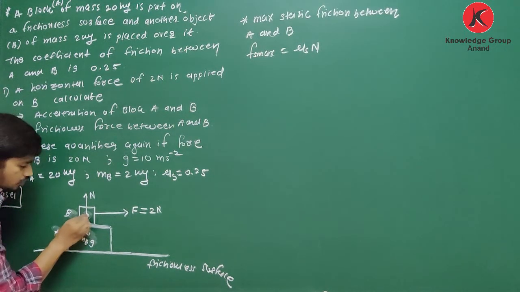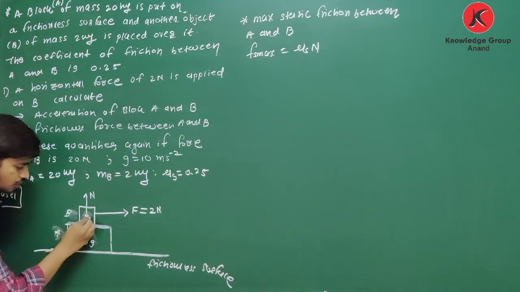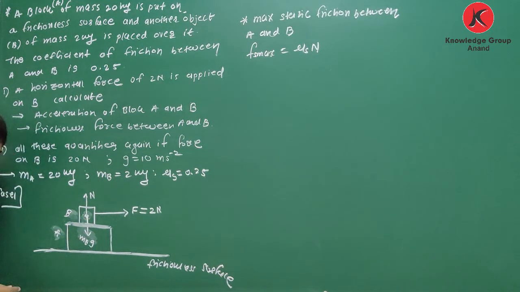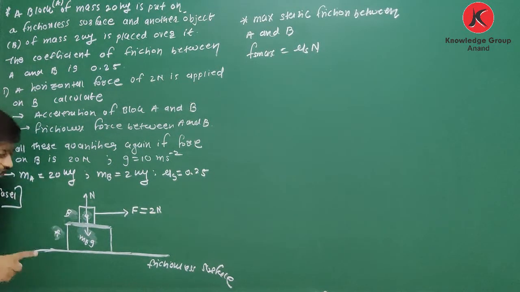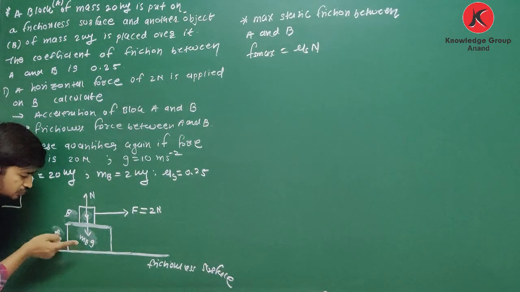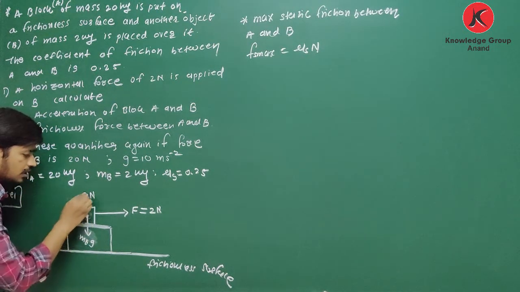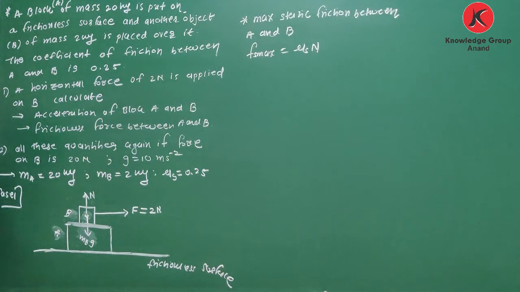What is the weight of block B? It is MBG in the downward direction. So N is the normal reaction, the reaction due to A on B, in the upward direction. Any doubt about this?